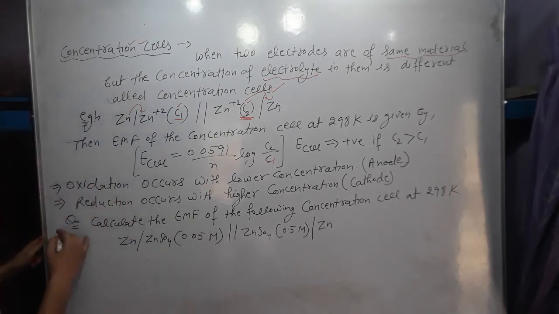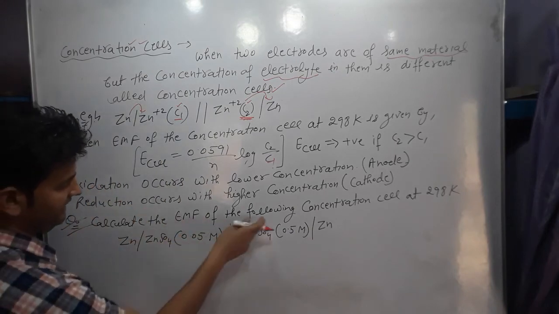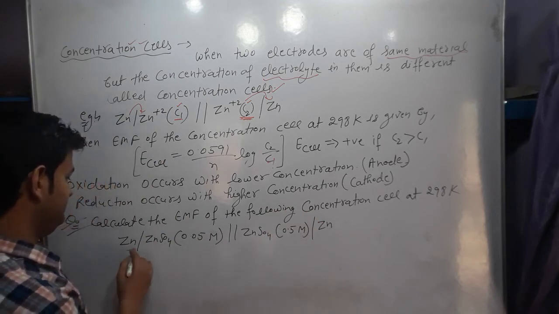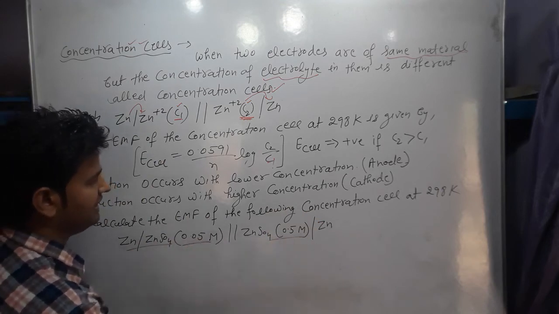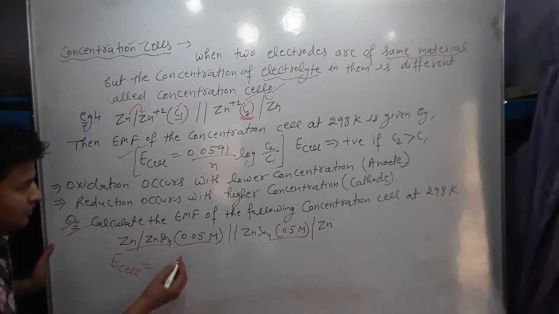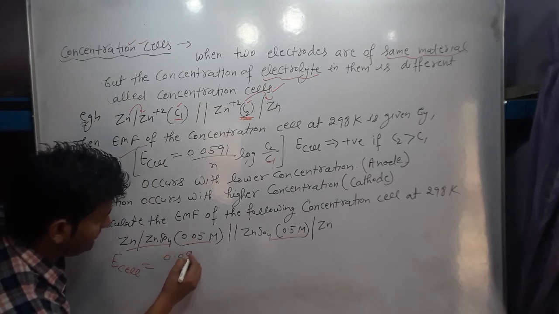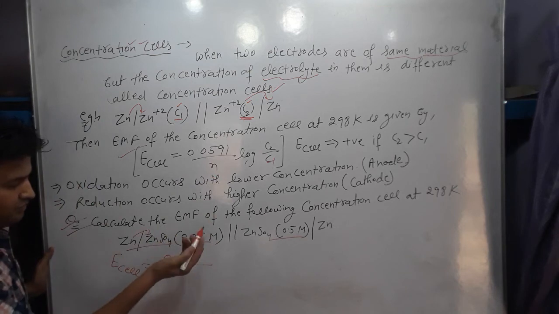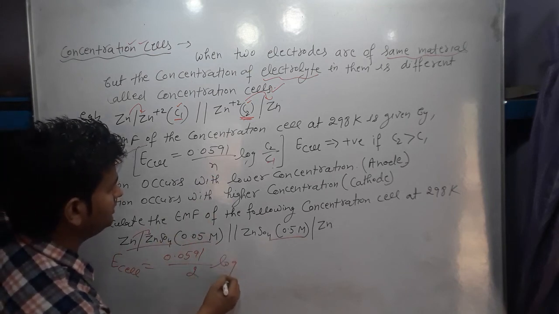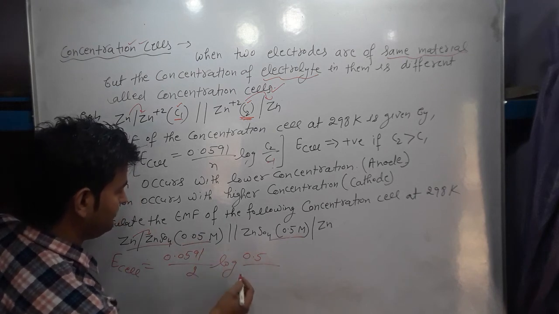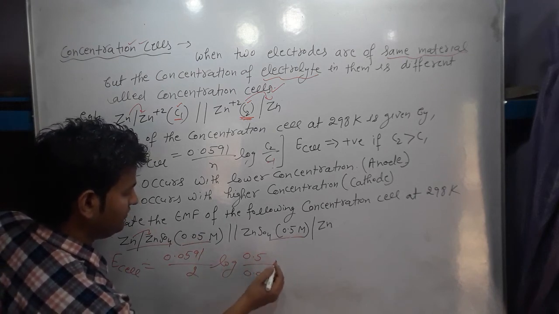Let's take a question. Calculate the EMF of the following concentration cell at 298 Kelvin. The concentrations are given, so simply put them in this equation. EMF of the cell is equal to 0.0591 over n. The value of n for this equation is 2, log of C2 over C1. C2 is 0.5 and C1 is 0.05.